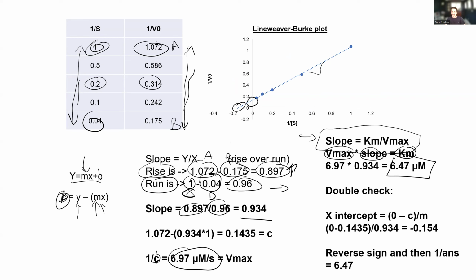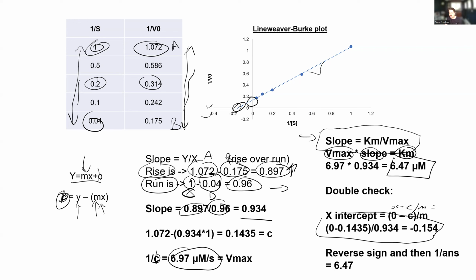And if we want, we can work out the x-intercept, which is more fiddly to do. The x-intercept is the intercept at y equals 0, so minus c divided by m gives the point at which it intercepts the x-axis.